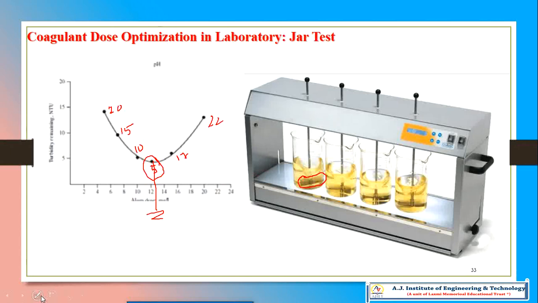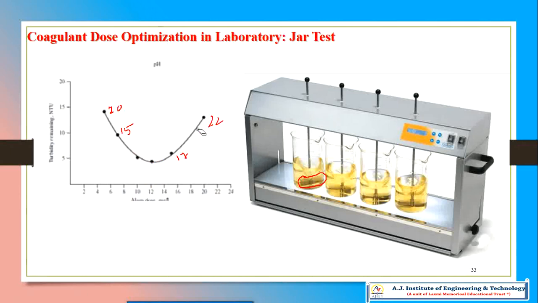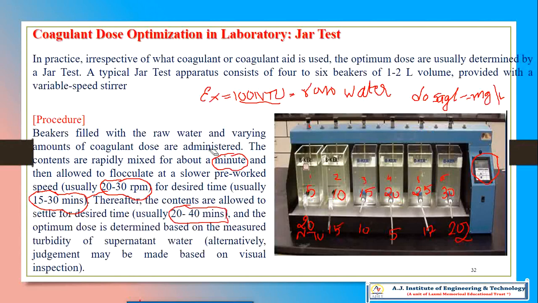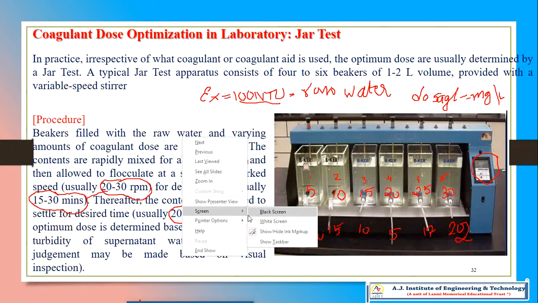If you are not understanding this graph, I'll take one more graph for our own dosage. This is what the actual graph will look like. I'll take one screen so you can understand the concept better. See now, this is the alum dosage.